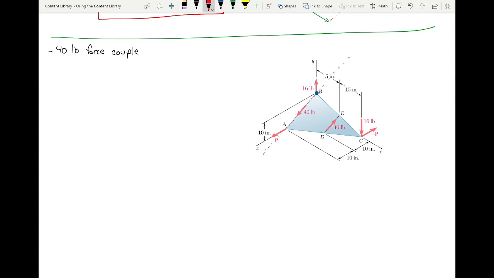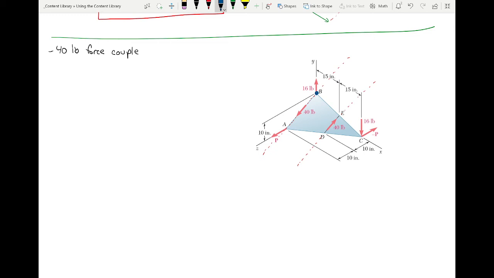We'll say that's the point about which I'm summing moments. All we need for our position vector is that it points to the line of action of the other force. So we could use BD as our position vector. We could use BE as our position vector. Either of them is correct. Hopefully you found on the homework that you turned in just now, it doesn't matter what the position vector is. If it starts at the point in question and ends on the line of action, you get the same answer regardless.